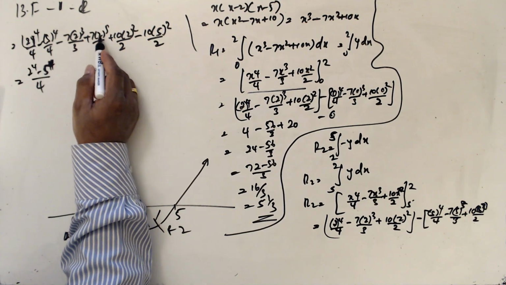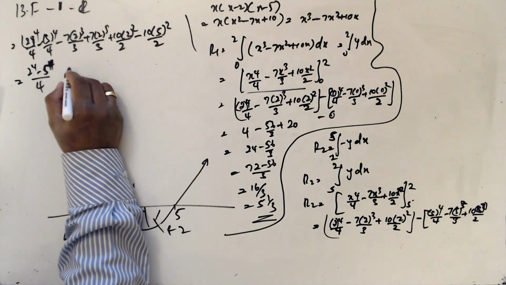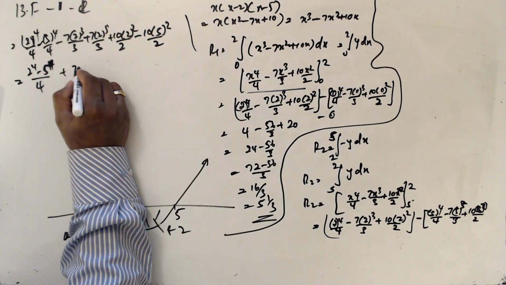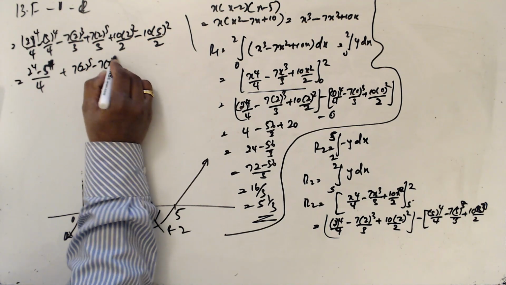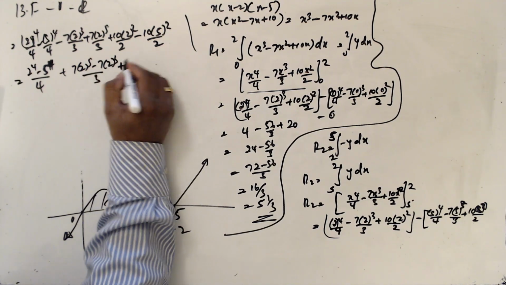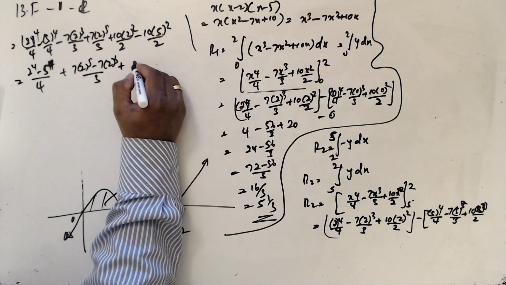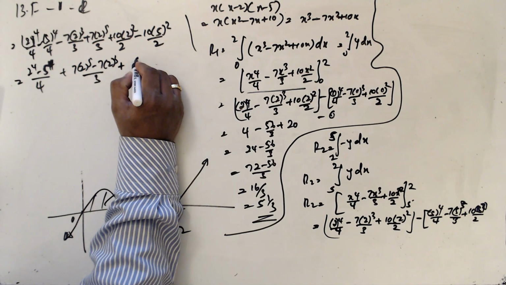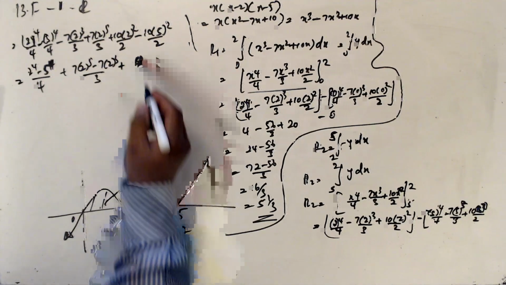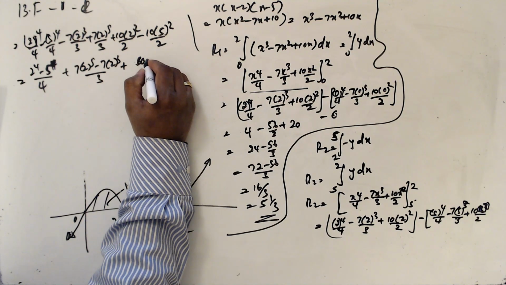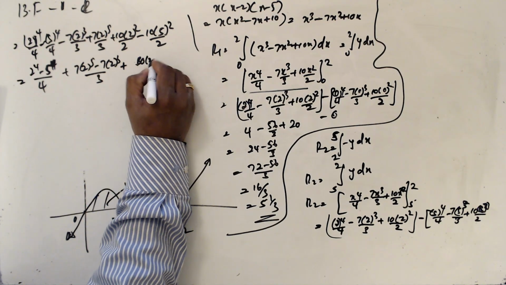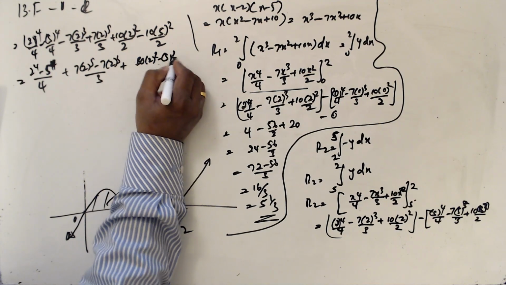Then this is positive, so I will write 7 times 2 to the 5 minus 7 times 2 to the 3 over 3, plus this is as it is, 10 times 2 squared minus 5 squared over 2.